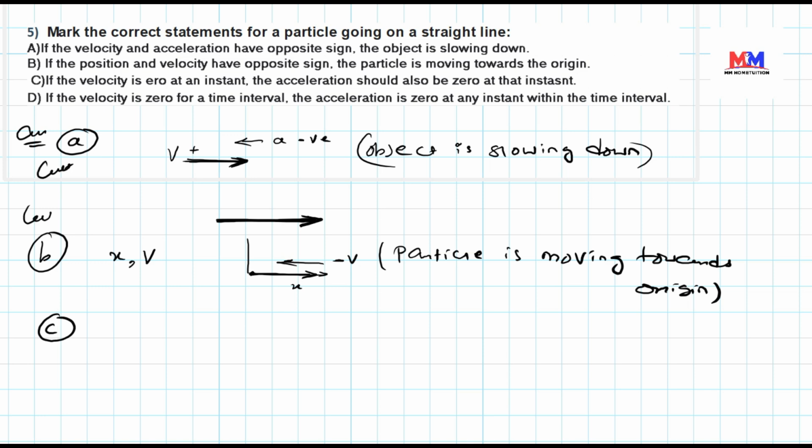So let's see option C. If the velocity is 0 at an instant, the acceleration should also be 0 at that instant. Suppose at the initial position velocity is 0; acceleration is the change in velocity.